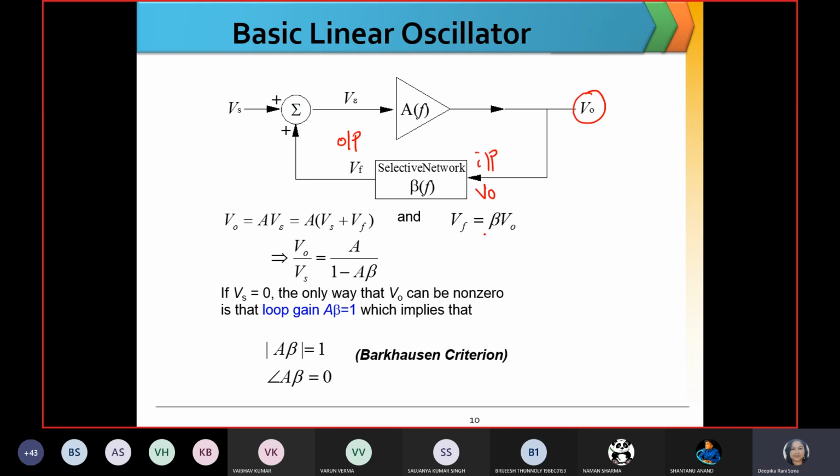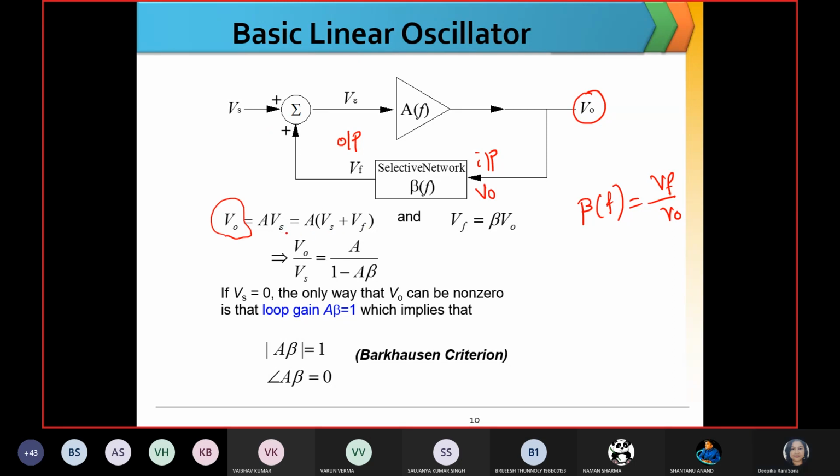So how do we define the gain? What is the gain of beta f? V output by V input, right? If I represent beta f or beta, it is nothing but Vf by V naught as per the gain equation. When I define my entire voltage gain, it is the ratio of V naught by V epsilon for the entire circuit, which is nothing but the gain A into the two voltages, Vs plus Vf.